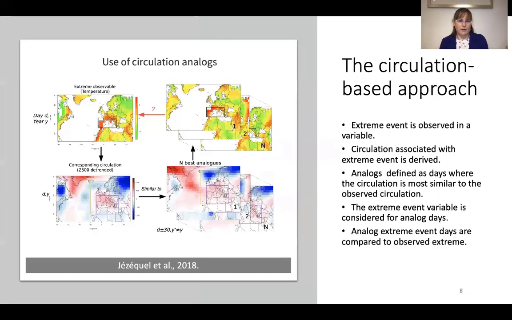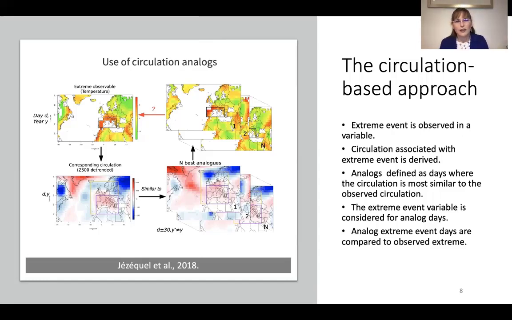So here's an example of the circulation-based approach using circulation analogues from a recent paper. Here you can see that this again is looking at a particular European heat wave.